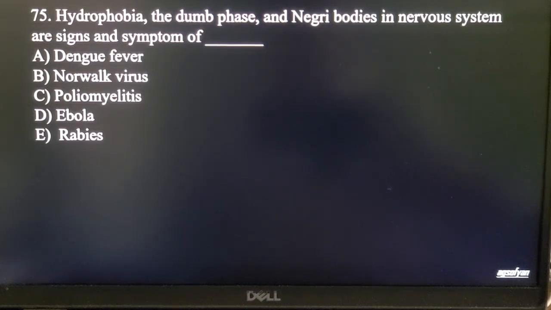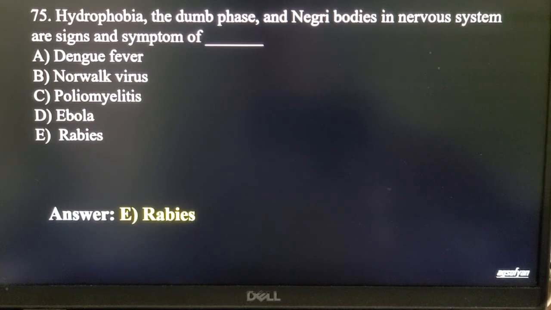75. Hydrophobia, the dumb stage, Negri bodies in the nervous system are signs and symptoms of dengue fever, Norwalk virus, poliomyelitis, Ebola, or rabies. Choose your answer. Yes, it's going to be rabies.